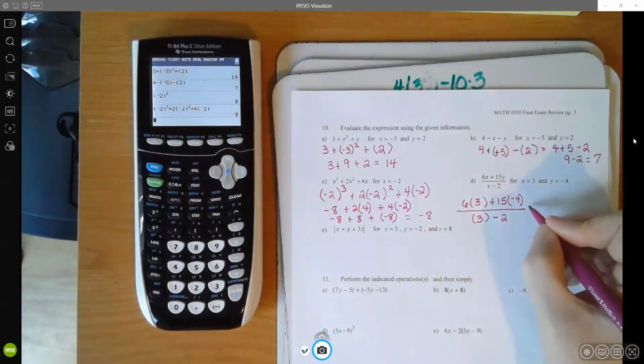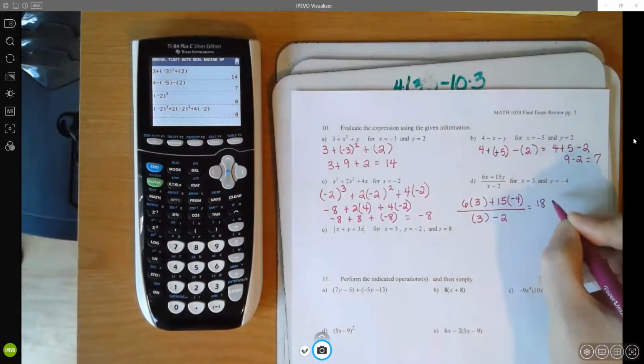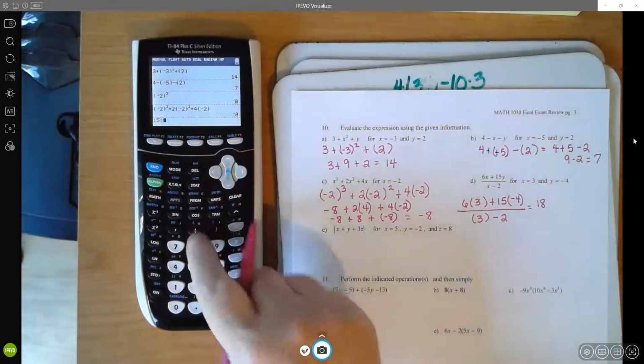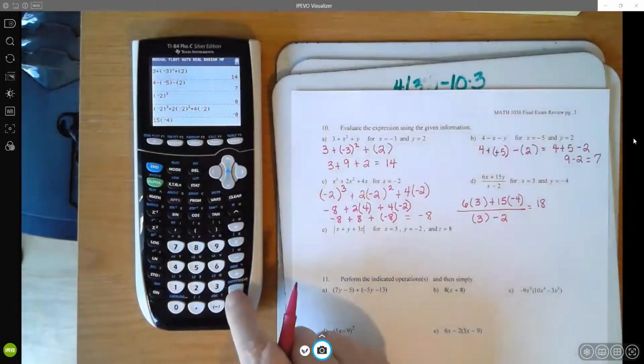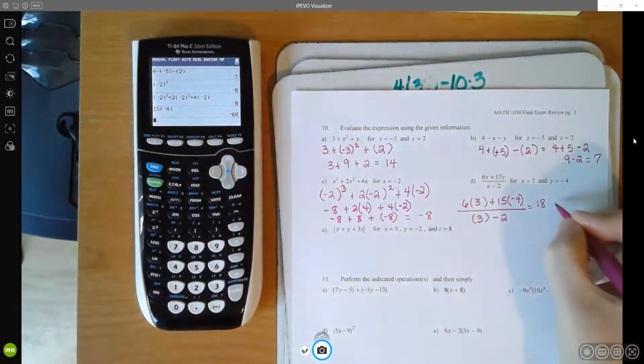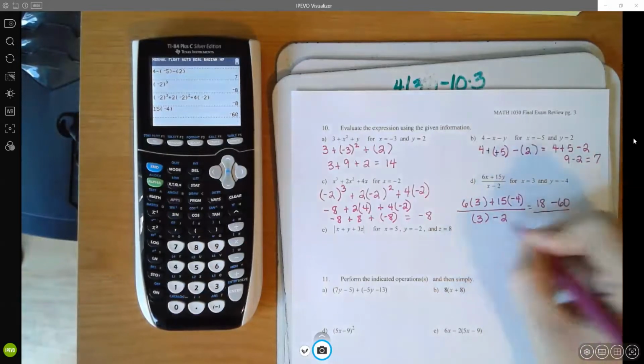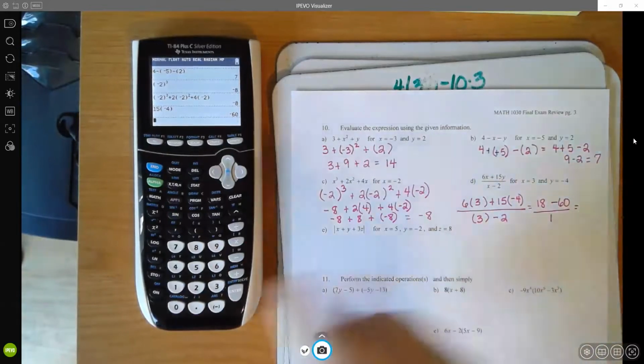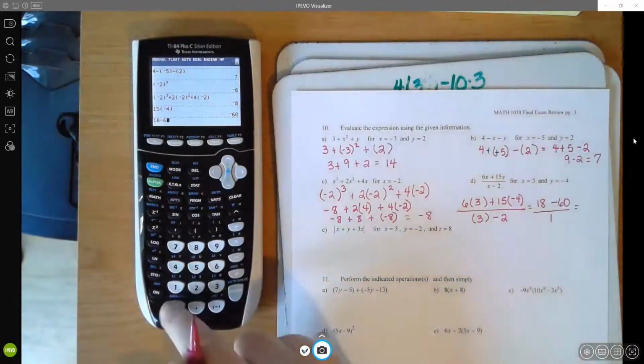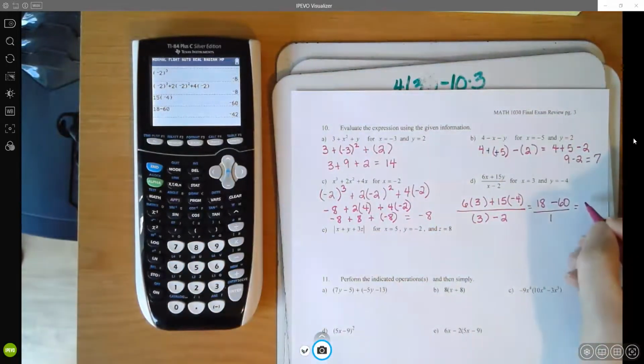6 times 3 is 18. 15 times -4 is -60. So that just becomes -60. 3 minus 2 is 1. 18 minus 60 is -42. And any number divided by 1 is itself.